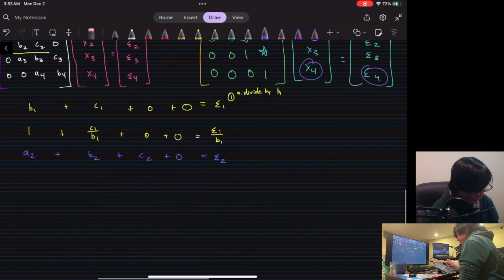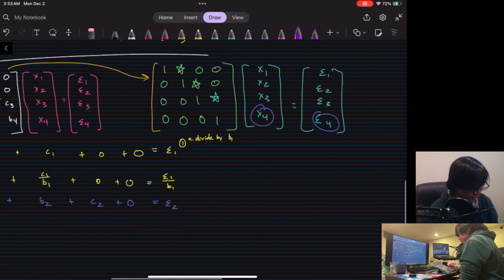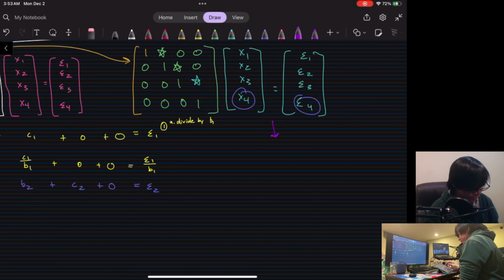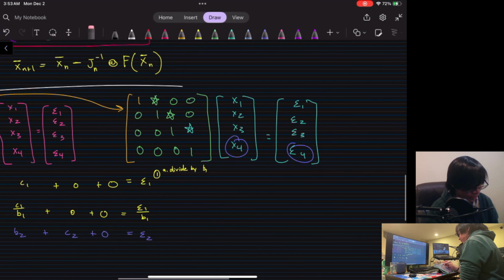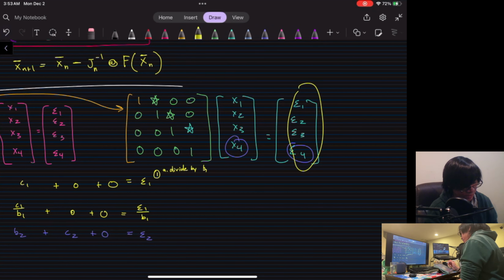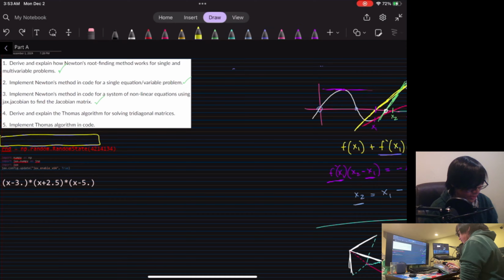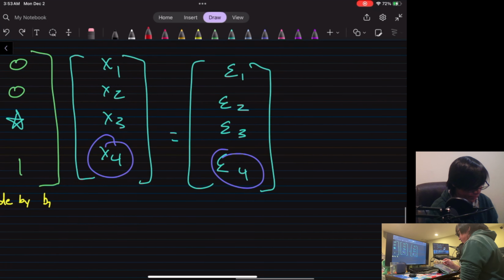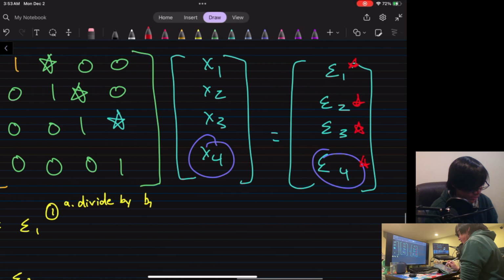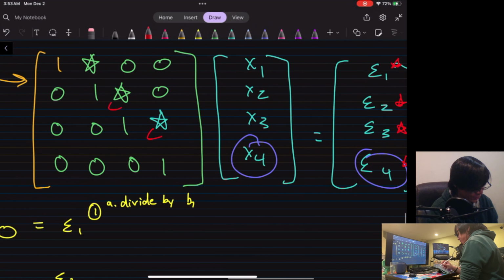We could store them as we go along. The middle vector stays the same, but this gets changed to a modified version of itself. These should be modified as well, so we can do stars. These are all C's, so C stars: C1, C2, C3.